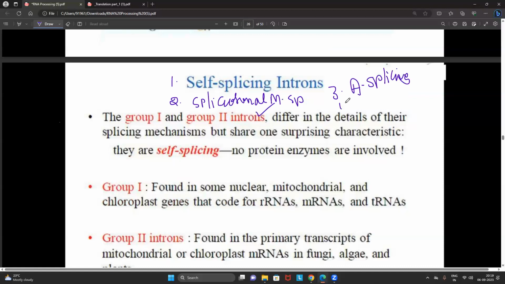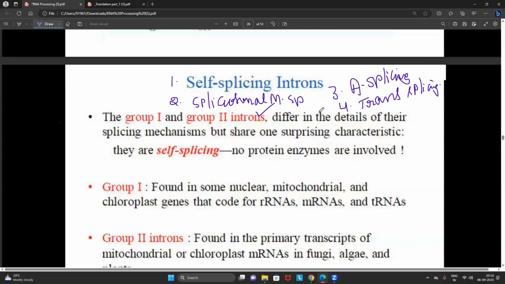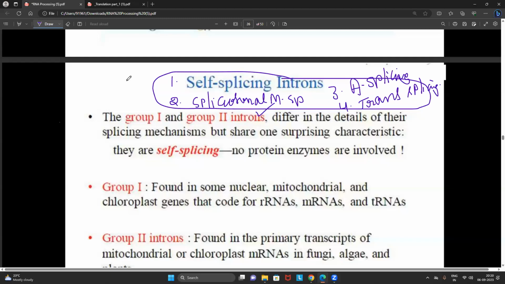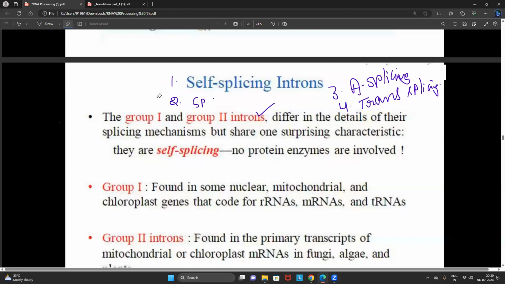That's more than sufficient for you. But remember the types of splicing: the fourth is trans splicing. So there are a total of 4 different types of splicing mechanisms. Now listen to me very carefully. In all the 4 different types of splicing, what's the common point? The common point is that the mechanism is transesterification.